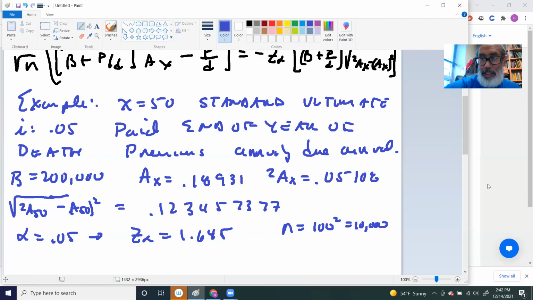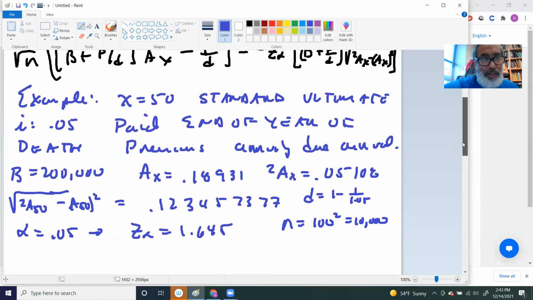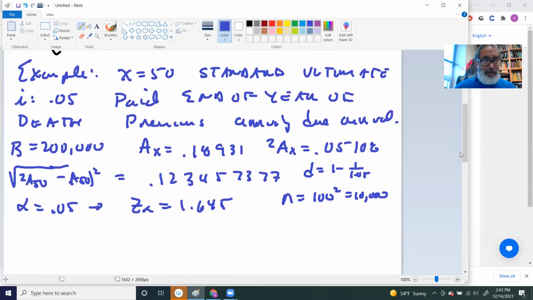So the actual equation we have only on discount, 1 minus 1 over 1.05, okay? So when we got all this, and then of course 1 over discount is 21.